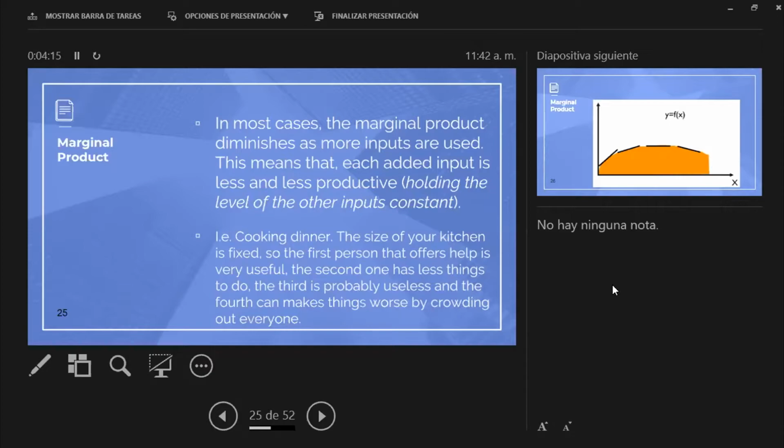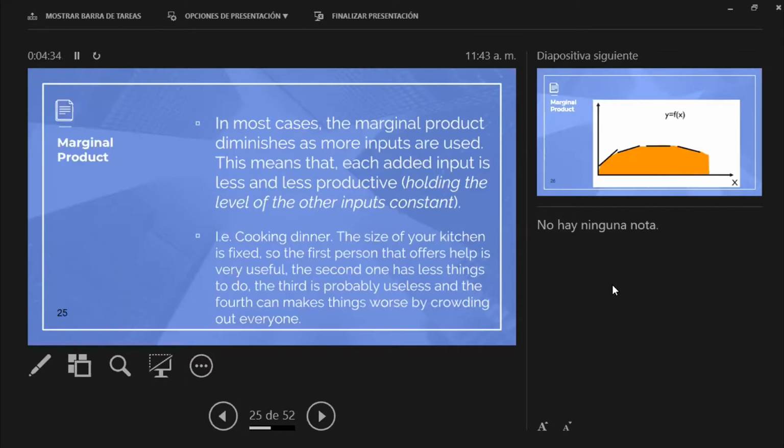Then the second person obviously helps you out, but every cook or every chef within the kitchen can do a couple of meals at the same time. So very rapidly, it may be the case that you have, as the expression in English says, too many cooks in the kitchen.